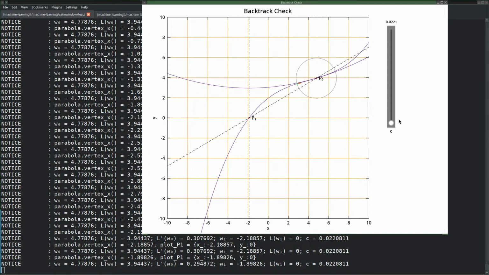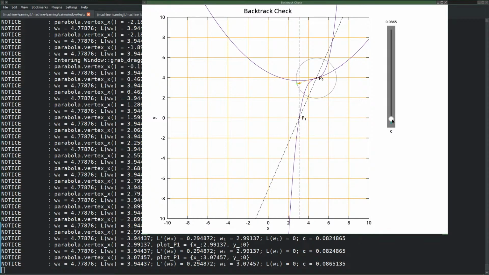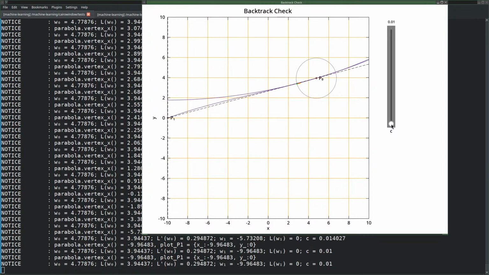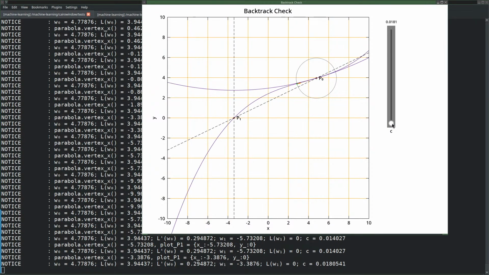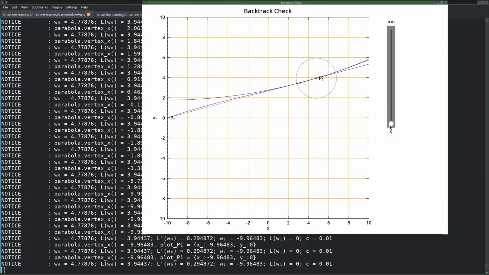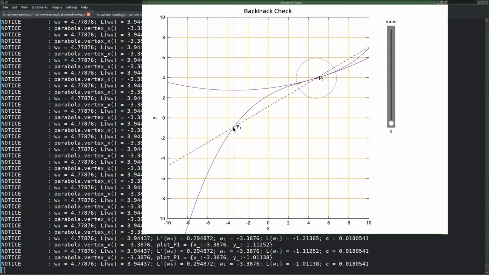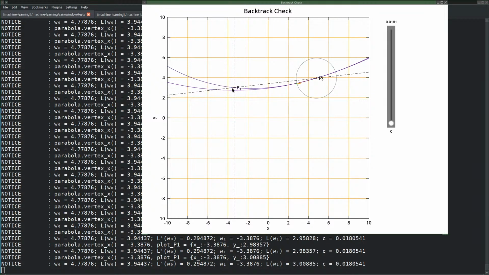No, there's no minimum at all. Why is P1 so low? Why does P1 not change height at all? Oh, wait a minute. I can do this like this. Idiot. Yep.